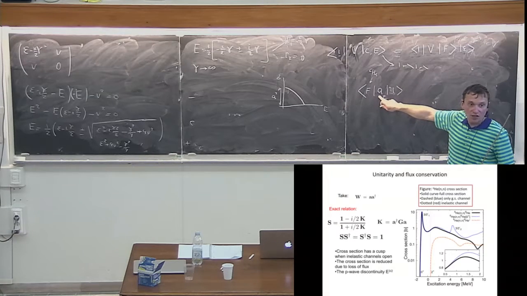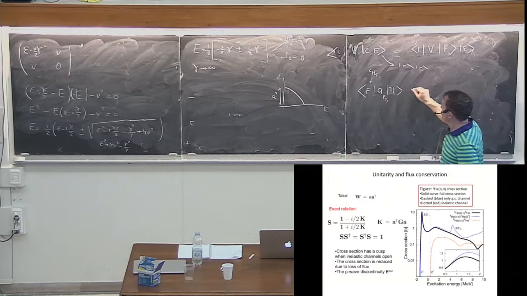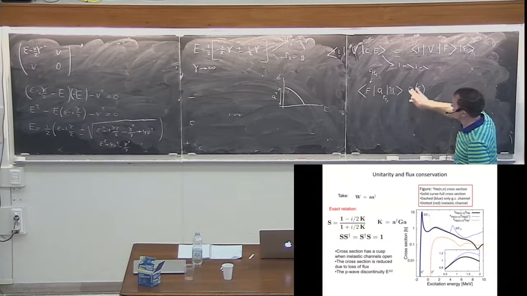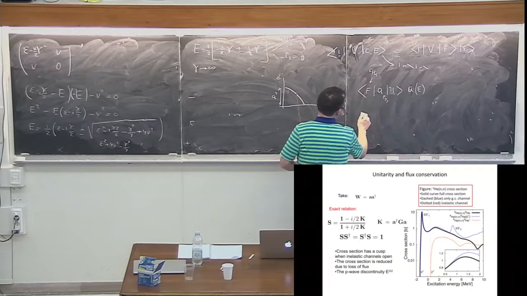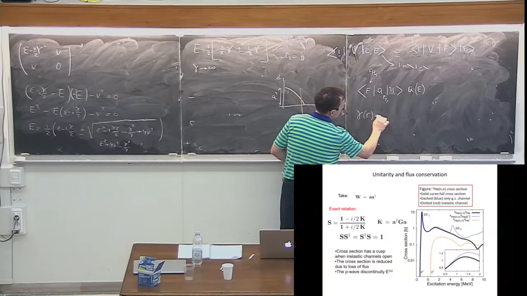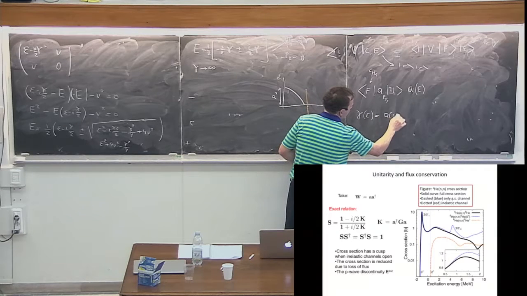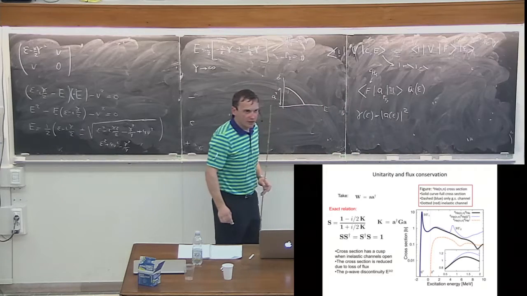because from here I just remove one particle from an orbit. Then I need the actual overlap of my magnitude, and that one I called little a, which was a function of energy. Let me still call it little a and define what it is. So this single-particle gamma of energy is just little a of energy squared. Right?